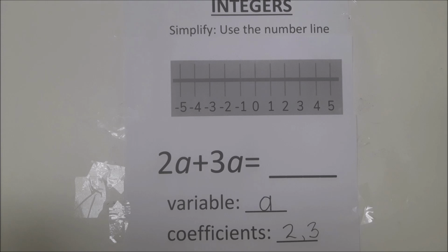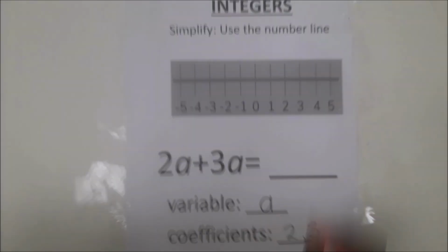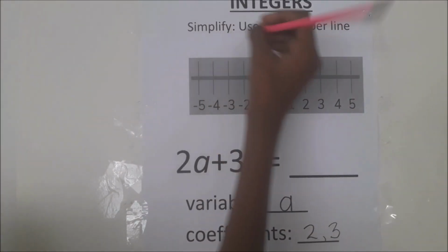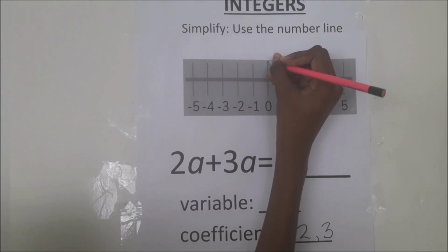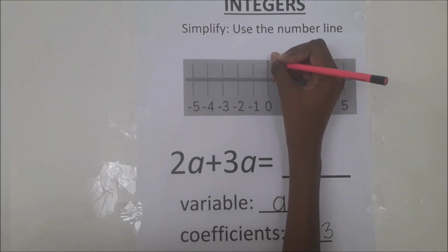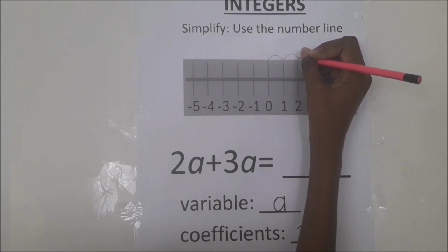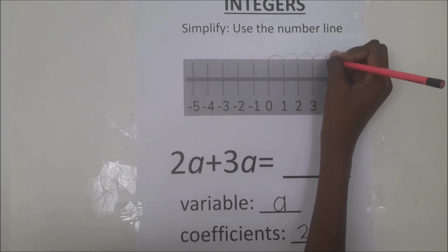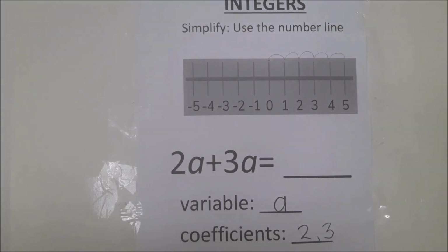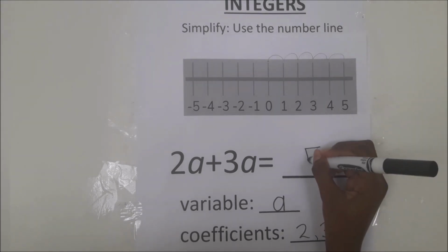Go to the number line. Show me what you're going to do with the coefficients. Start at 0, then go 2 steps to the right. 1, 2, then go 3 more steps to the right. 1, 2, 3, and 2a plus 3a is 5a.